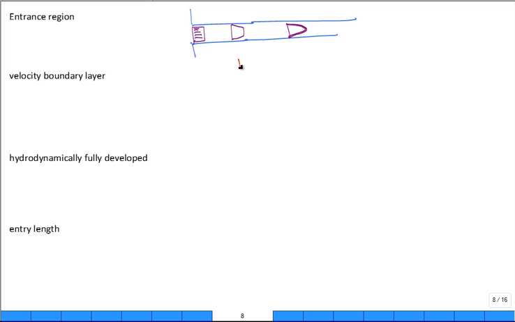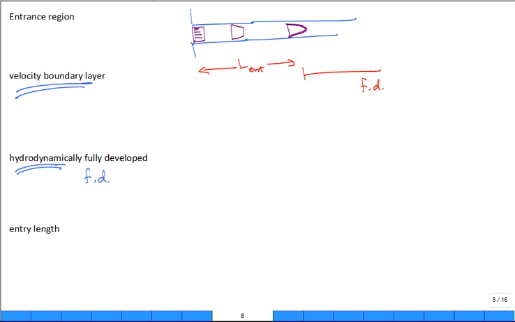And there's some length where the entrance effects are done, and beyond this, it's all fully developed flow. How big is that entrance region? Is it important in a lot of calculations? Well, it could be, but it's where the velocity profile is being developed. They call it hydrodynamically. It's developing, it's changing the velocity profile. So out in this region, it's hydrodynamically fully developed.